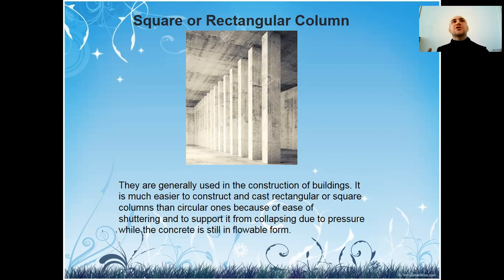The dimensions of the square columns are, for example, 150 by 150, and the height is 1,500 millimeters.